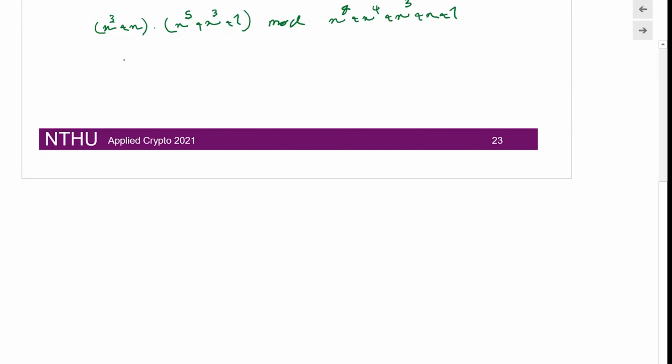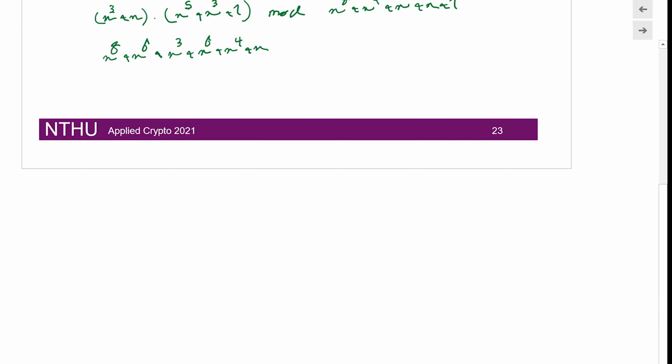Let's multiply them together. The first one I get x^8 + x^6 + x^3: x^3 multiplied by x^5, x^3 by x^3, and x^3 by 1. And then the second one we would have x^6 + x^4 + x.